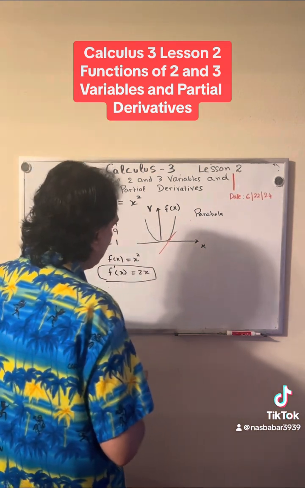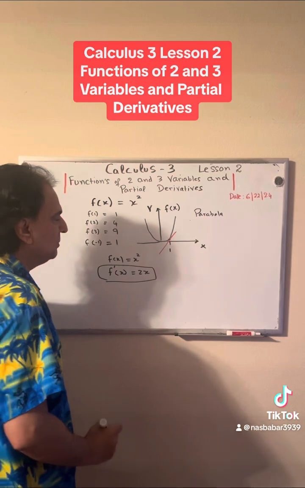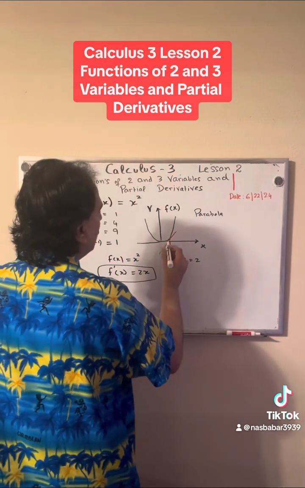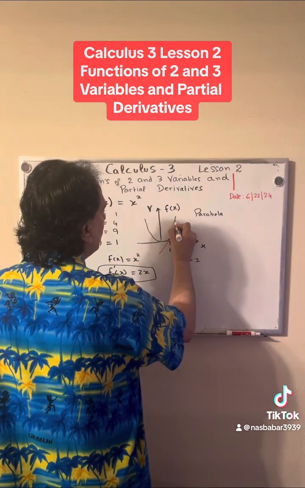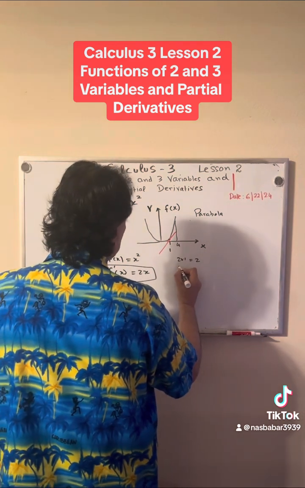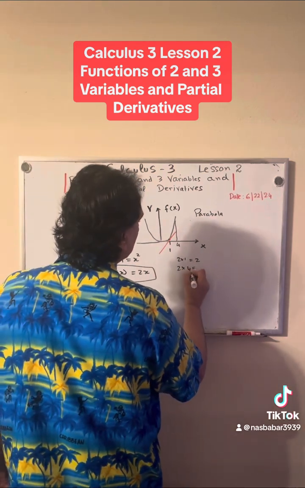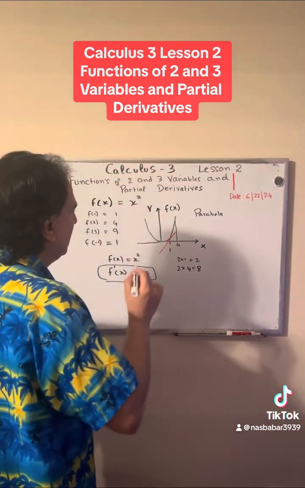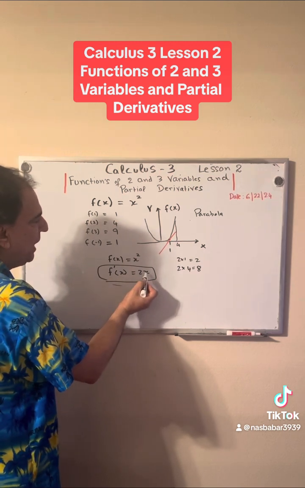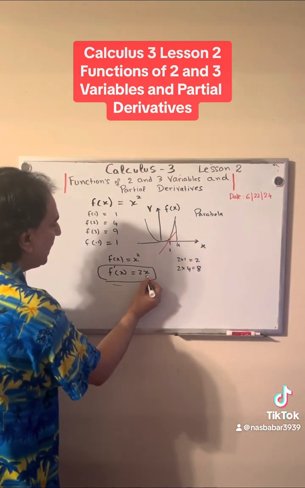In other words, if my x is 1 right here, my slope would be 2 times 1 is equal to 2. If I want to take a slope where x is equal to 4, then my slope is going to be 2 times 4 is equal to 8. So this is the equation for the slope of a line at a given point, and that given point is determined by this x right here.